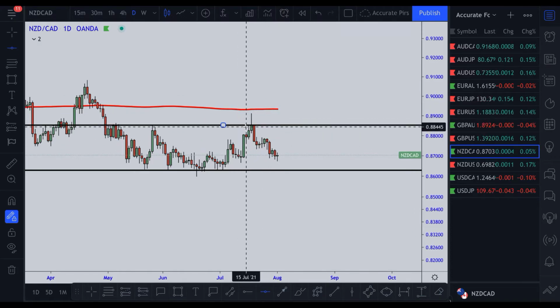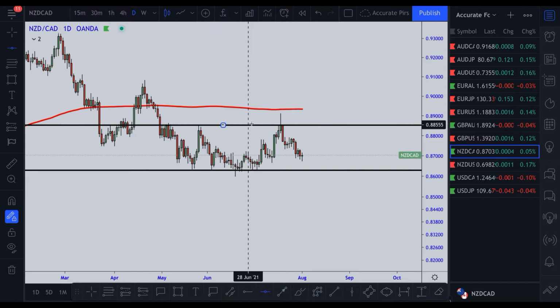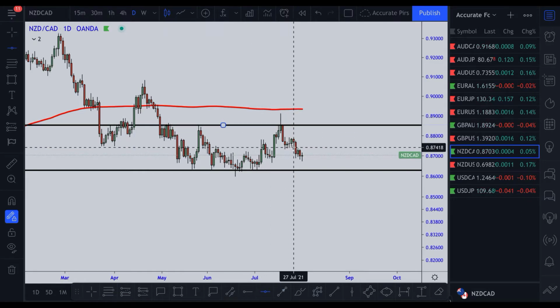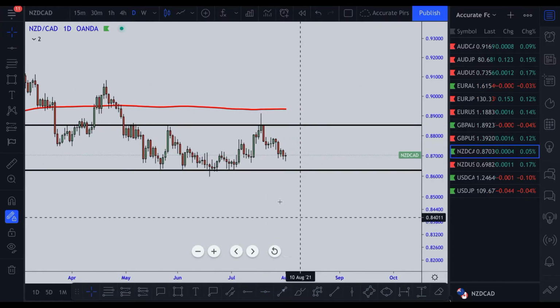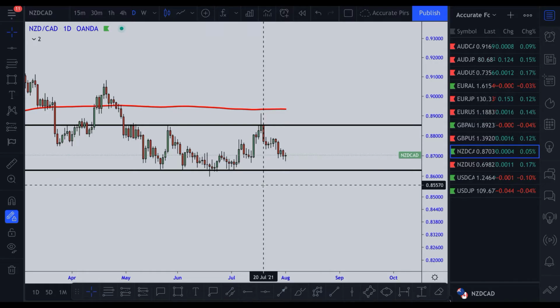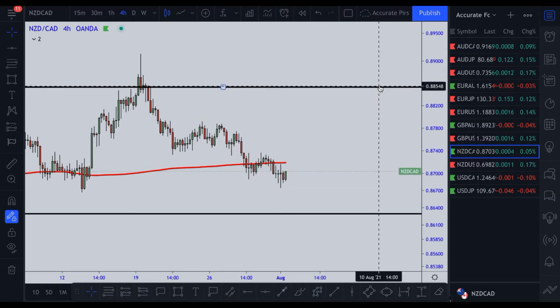And that shows this resistance level is very, very strong. And from then you see the market started to shoot down from that price level right there. So with NZDCAD, I'm only looking out for buyers. At the moment, I'm going to be looking to see if we can.